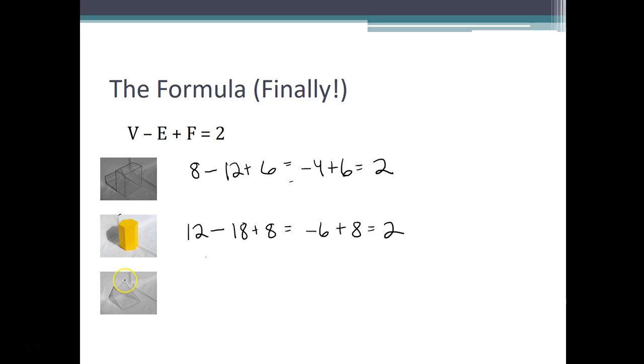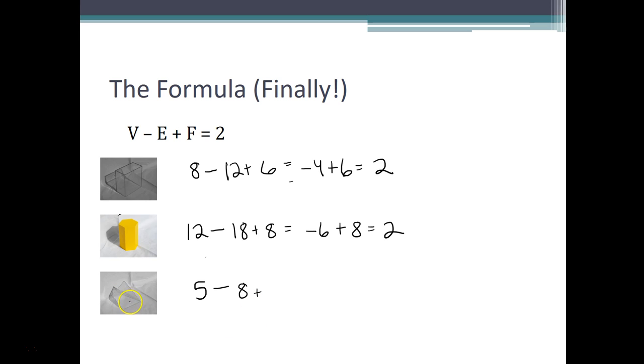And down here's the square pyramid. Vertices, you got the 1, 2, 3, 4 for the square, plus this one top point, that's 5. Edges, you got 1, 2, 3, 4 sides of the square, plus 1, 2, 3, 4 sides of the triangles, so that's 8.